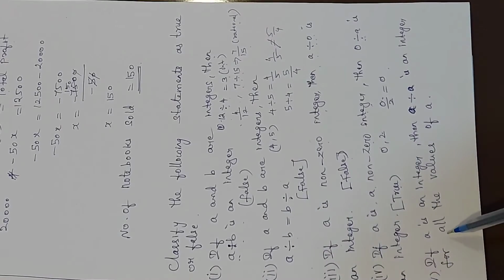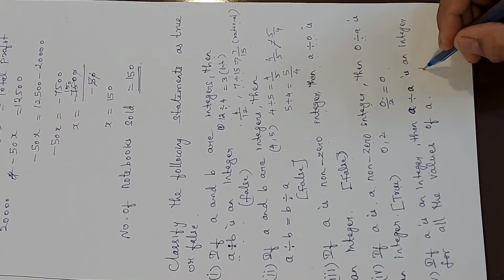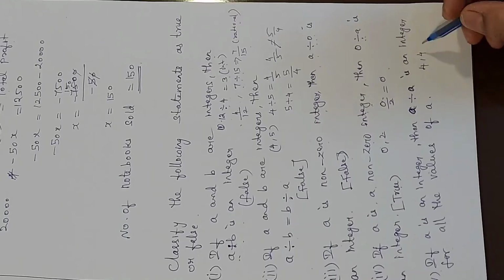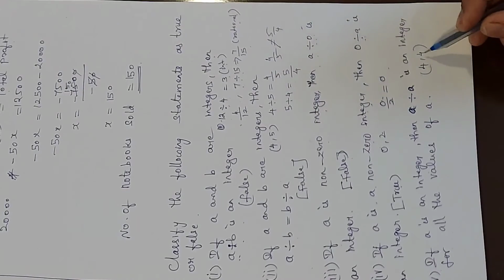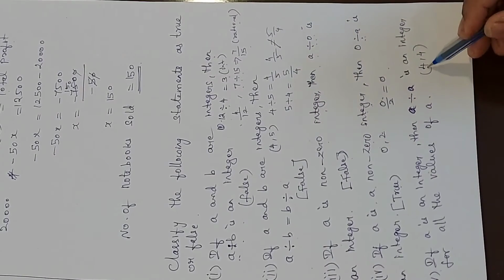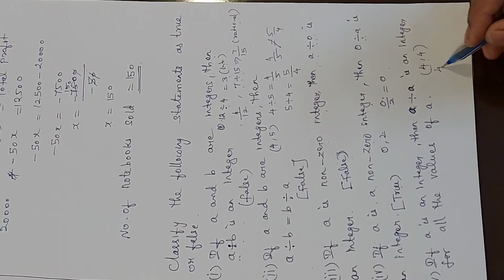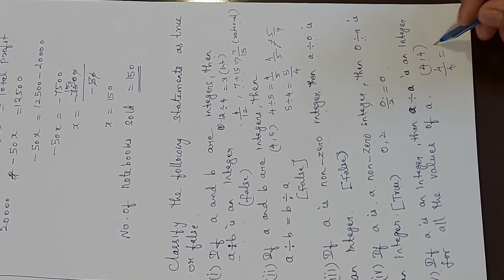Next, the fifth subdivision. If a is an integer, then a divided by a is an integer for all values of a. This is false. See, if 4, 4, because it is a divided by a, so it is the same number, 4 by 4 is equal to 1.